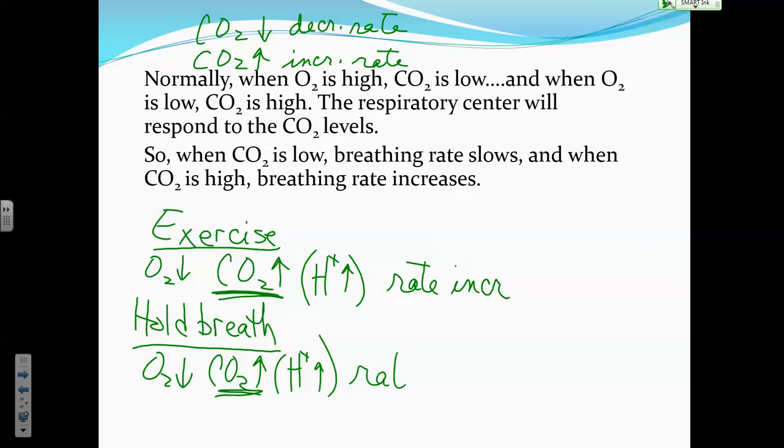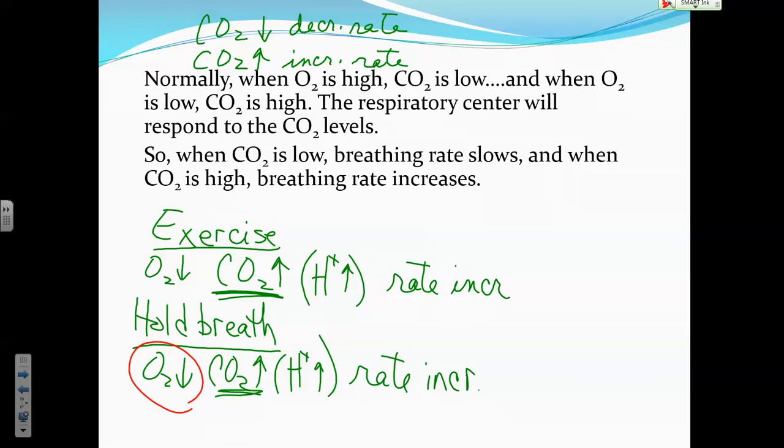So there's no way somebody can kill themselves by holding their breath, because at some point they're going to have this big old urge to breathe and their will cannot override that respiratory center. Now, while they're holding their breath, look at the oxygen levels. It's continuing to go down because whatever oxygen was in the blood is continuing to move to your cells.